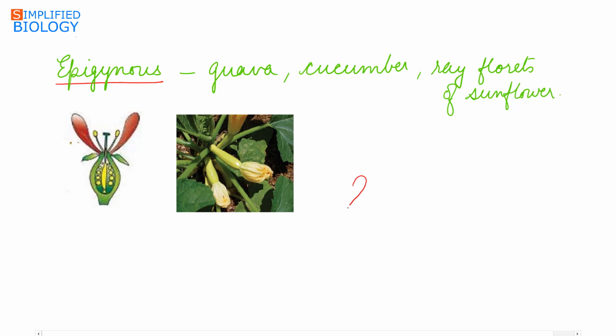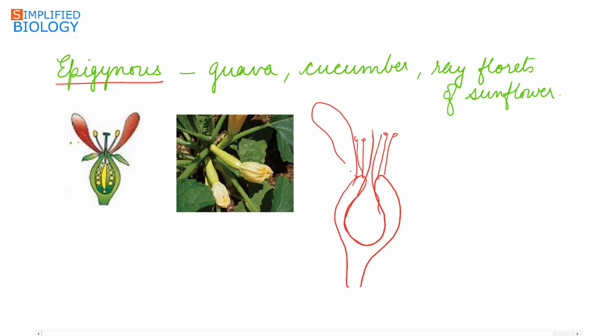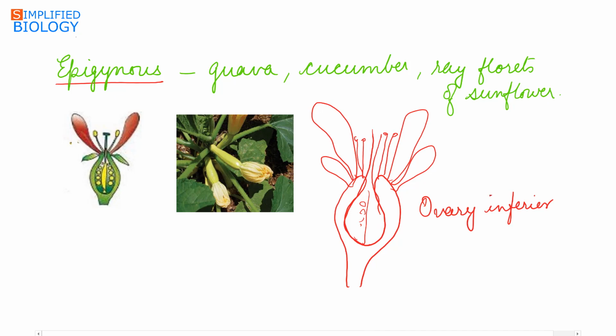Now in this case, the thalamus forms a cup-shaped structure inside which lies the ovary, while the other whorls lie above. So in this case, as the ovary lies inside the thalamus, the ovary is said to be inferior, while the other whorls are superior.